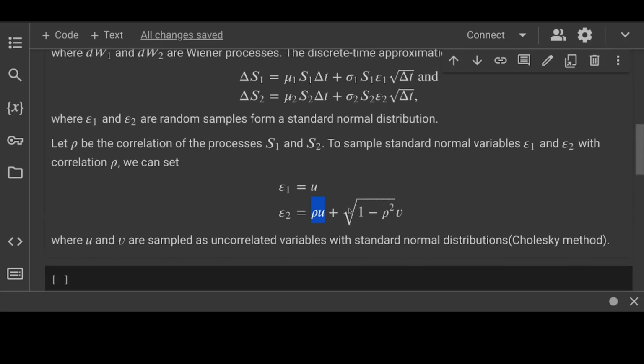I encourage you to read in detail about the Cholesky decomposition method, which is very important to transform uncorrelated variables into correlated variables. Now we start the simulation.